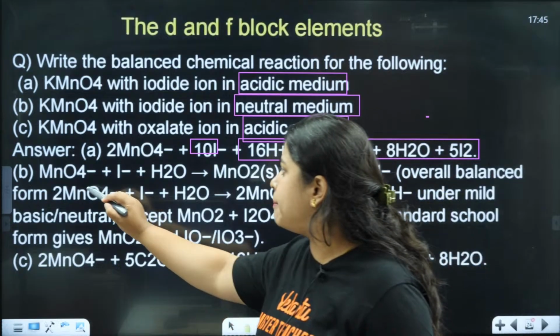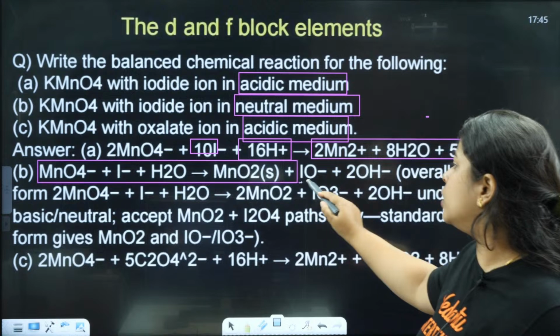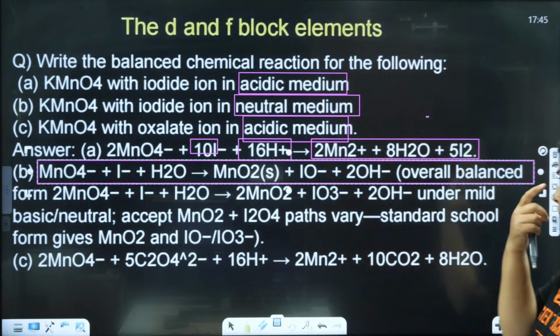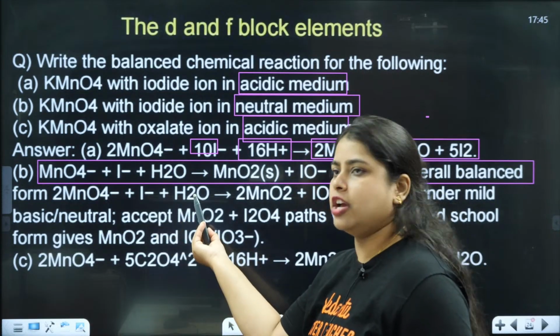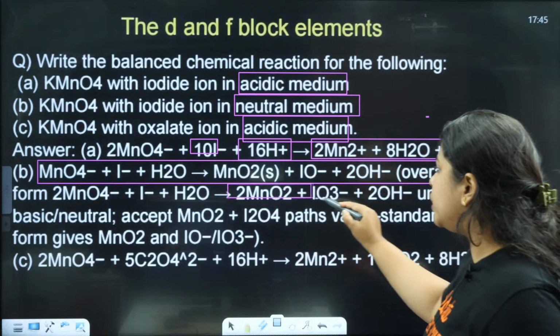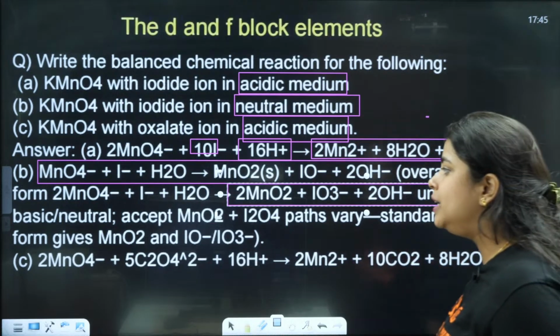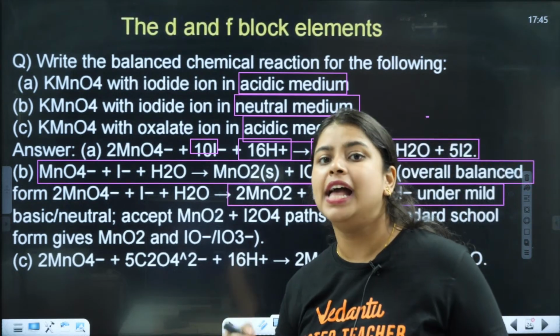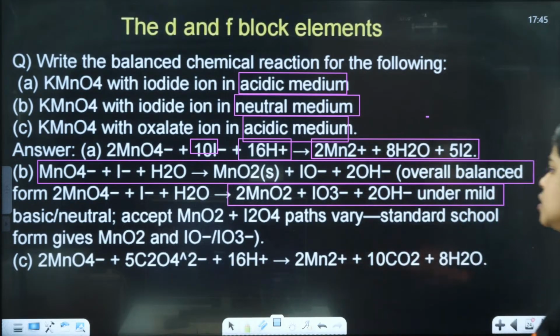Second one is MnO4- reacting with iodide and water. What is the overall balanced chemical equation? Iodide reacts with H2O, and what forms? 2MnO2 plus IO3- plus OH-. This is under mildly basic or neutral conditions, where MnO2 is formed, and iodide goes to IO3-.